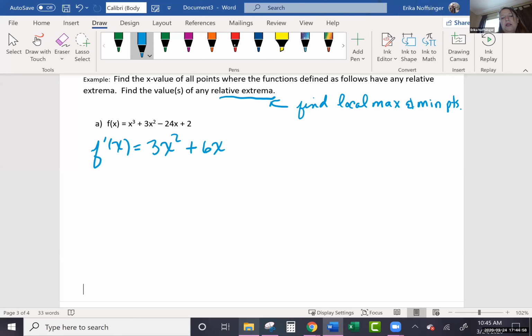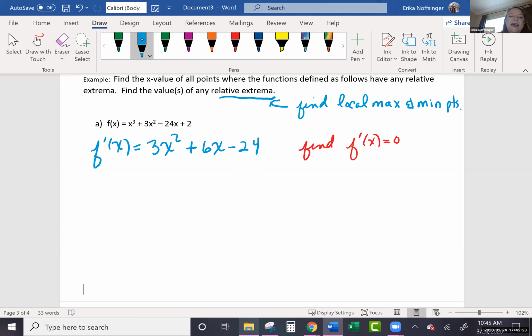The derivative of negative 24x is minus 24, and the derivative of a constant is 0. So we're looking at when is f prime of x equal to 0 and undefined. In this case, this is a polynomial, so there are no values where f prime of x is undefined.